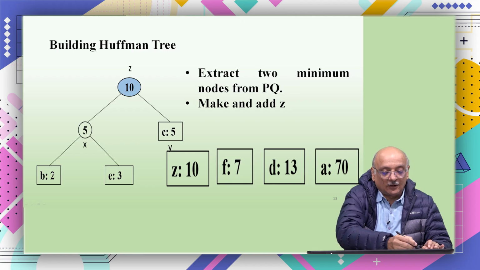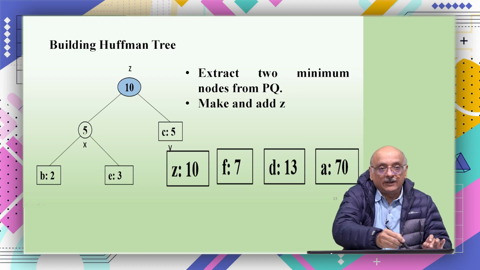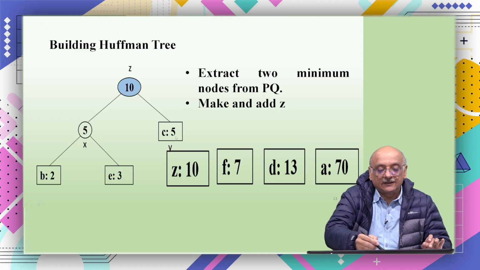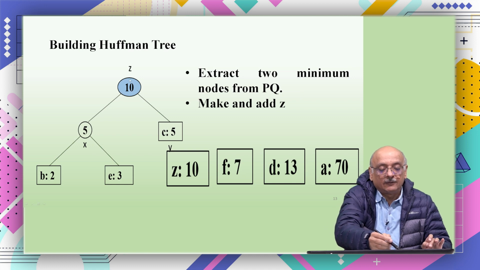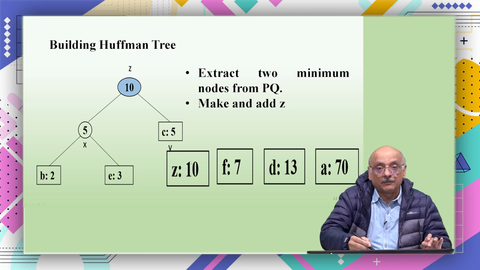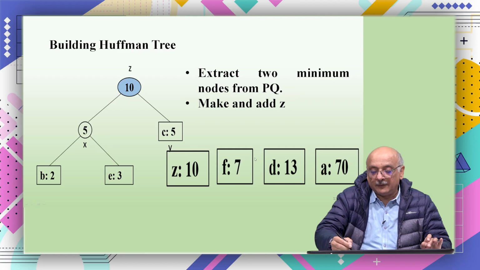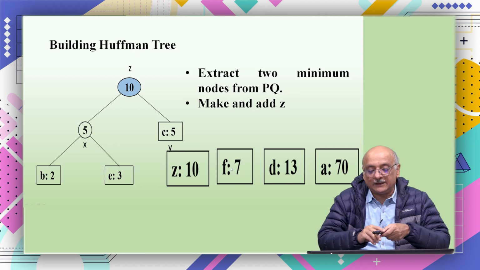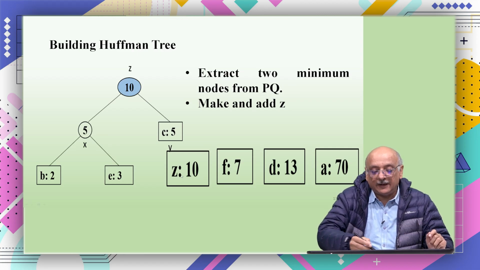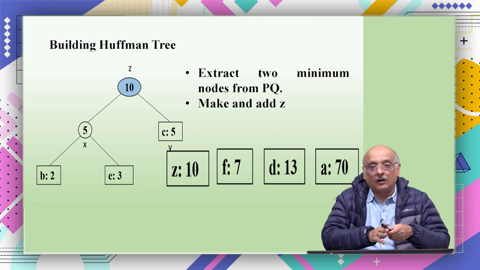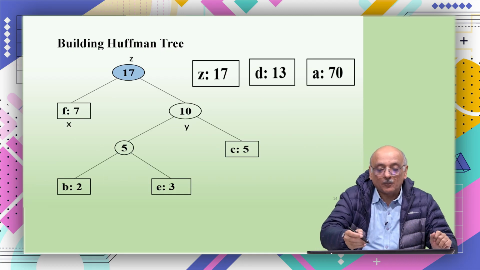The whole subtree of 2 and 3 was already created, and we have added this new node, and we got a new z over here. The weight of this z is 10. When we insert it, we will insert it after F. In the next step we will be picking up F as well as this particular z. So, these two nodes will be picked up.